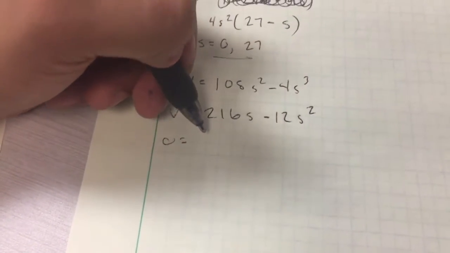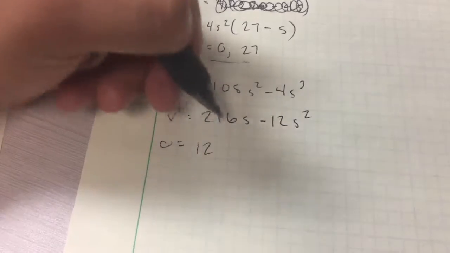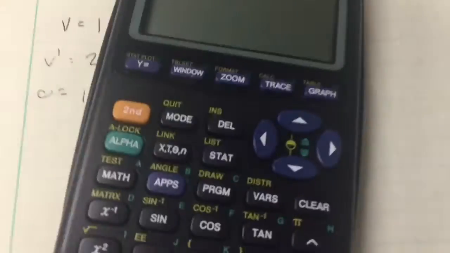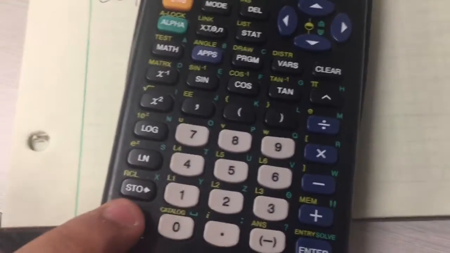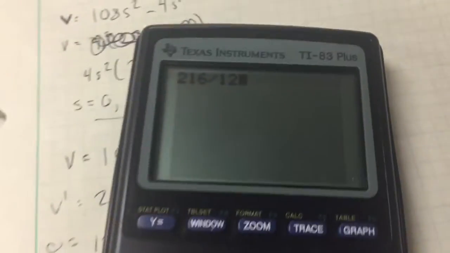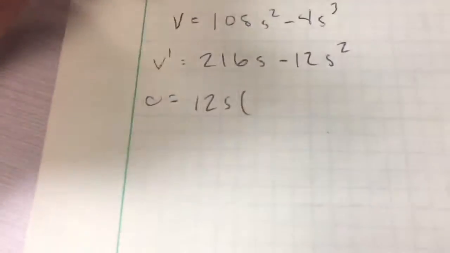You factor out 12s, and divided by 12, you get 18.